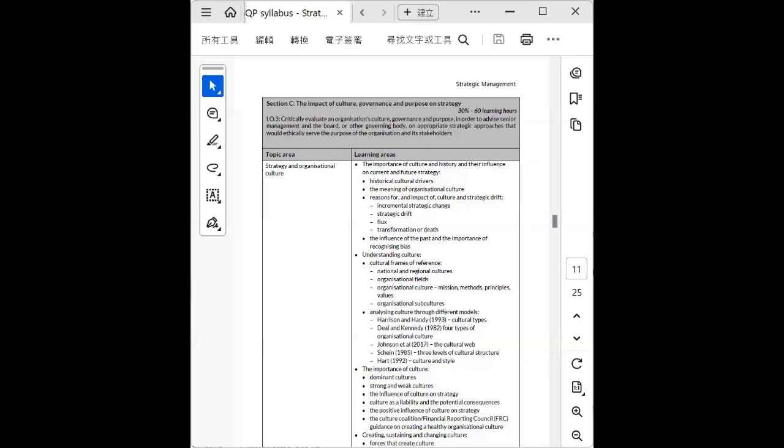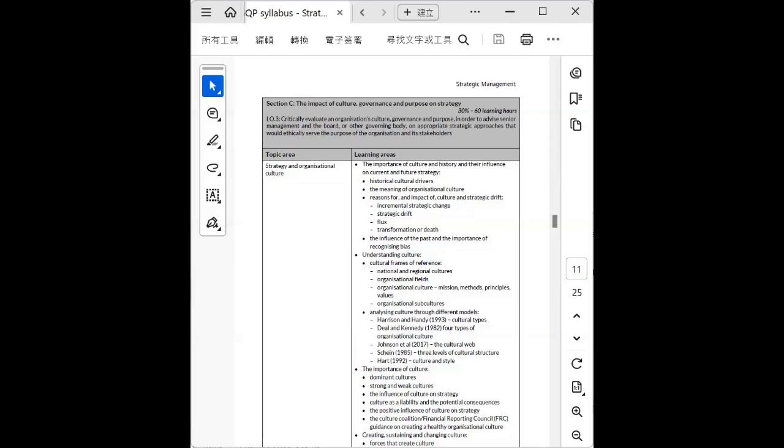We look at the historical drivers, and this examines the historical factors that shape the company's culture. For example, a founder member will have tremendous influence on shaping the culture of a company. And then next will be the meaning of organization culture. It defines organization culture, what's meant by shared values, what's meant by beliefs and practices, that sort of thing.